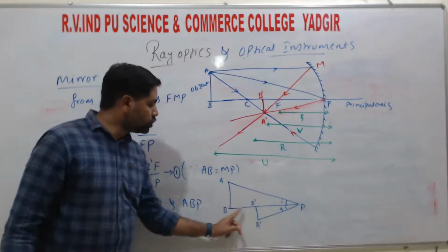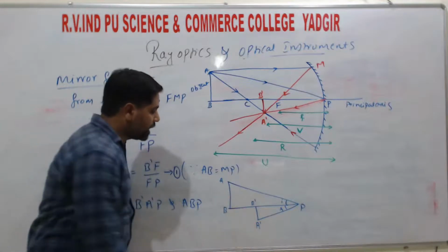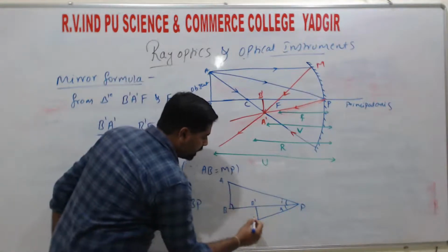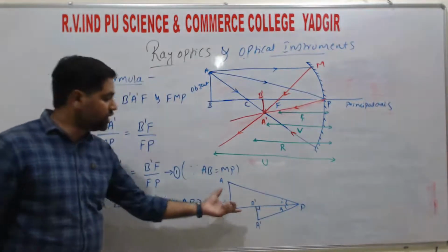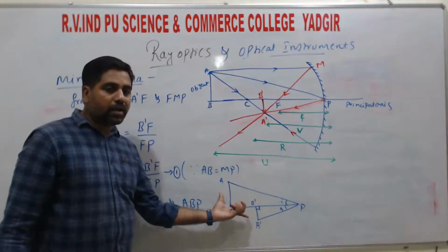Also, angle ABP is 90 degrees and angle A dash B dash P is 90 degrees. Then we can say these two triangles are similar.